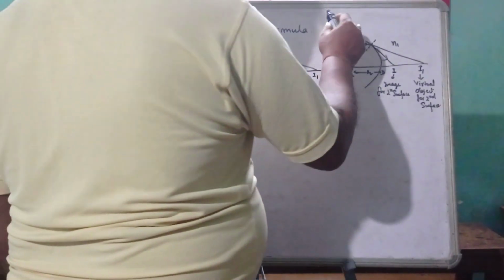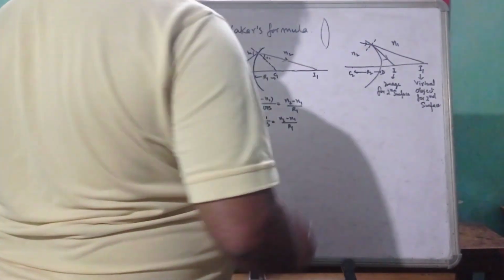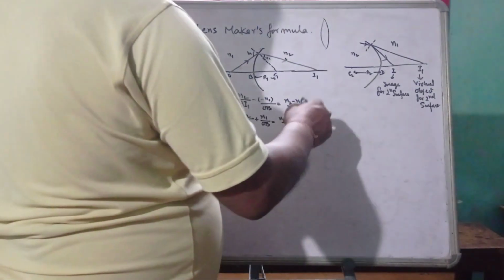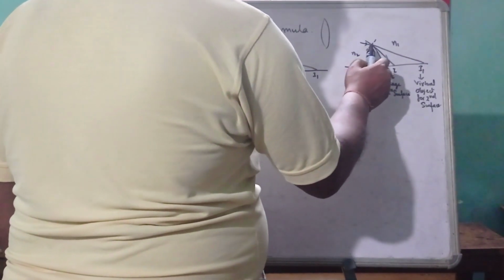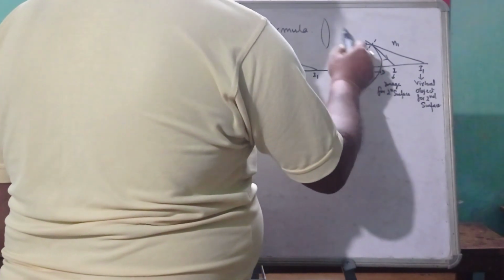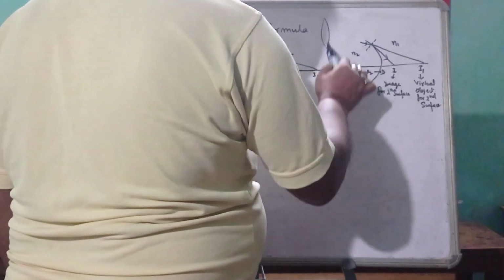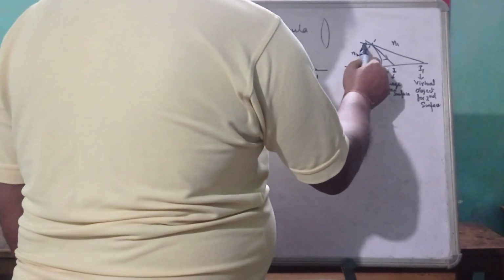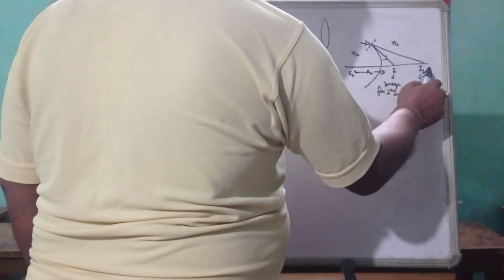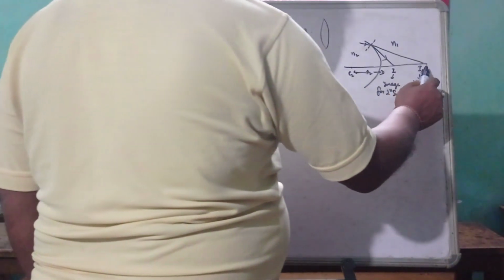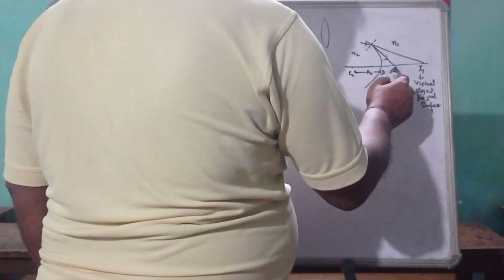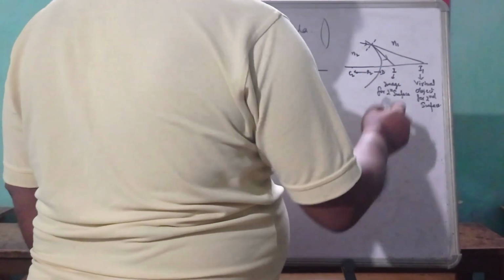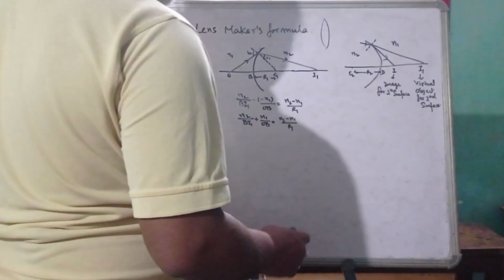We are talking about a double convex lens, and here they have considered the object to be somewhere in between. So they have considered this as a virtual object, and this is the image of the second surface.